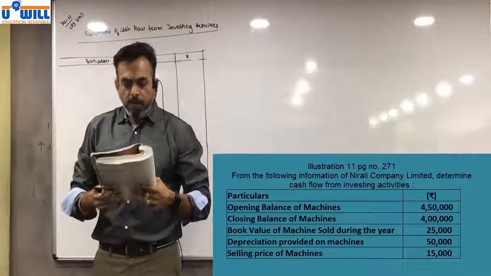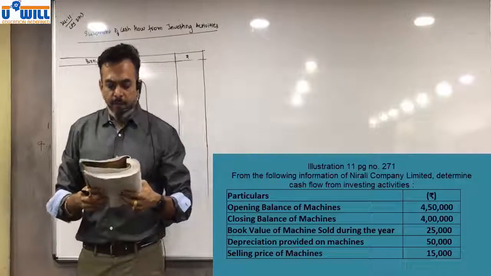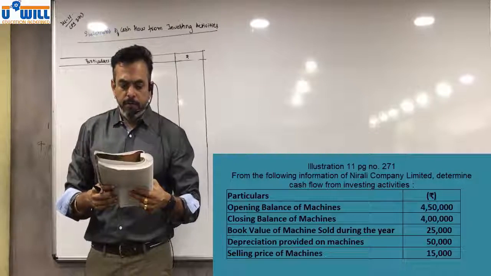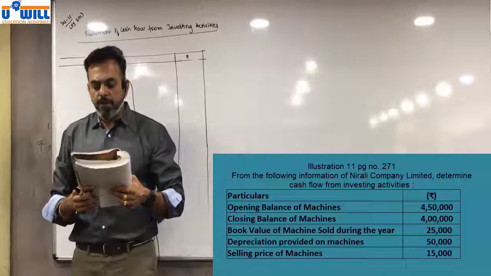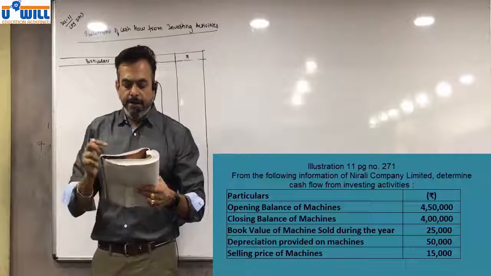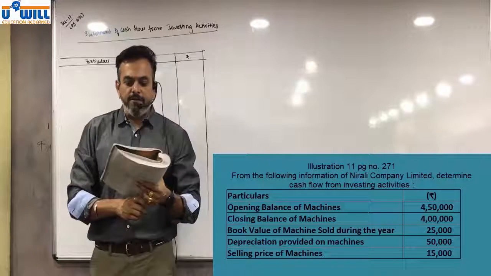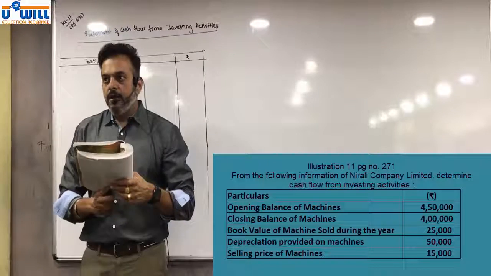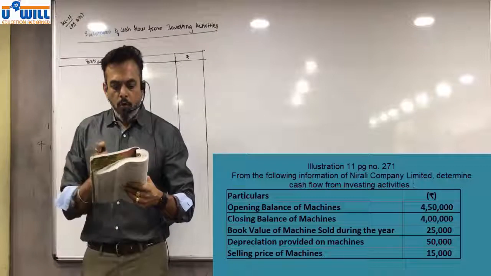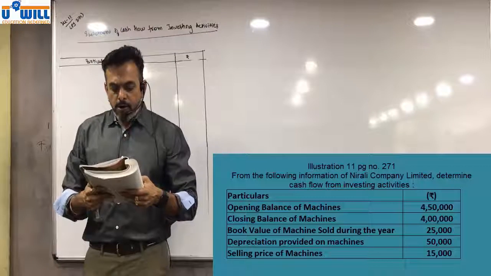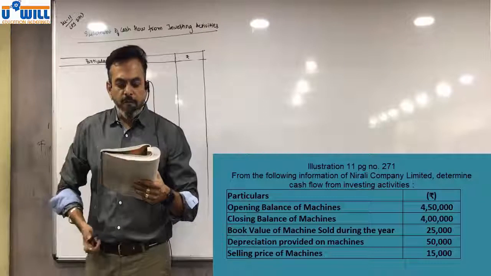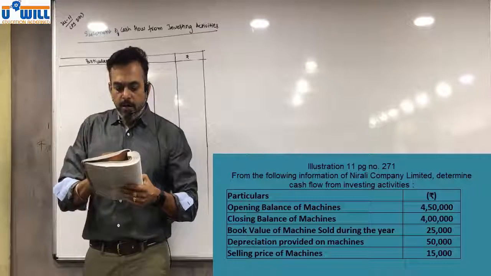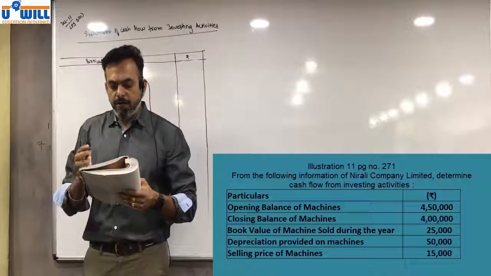Now, illustration 11. From the following information of Nirali Company Limited, determine cash flow from investing activities. Now, in this sum, opening balance of machine is given, closing balance of machine is given. Then, further information is given.